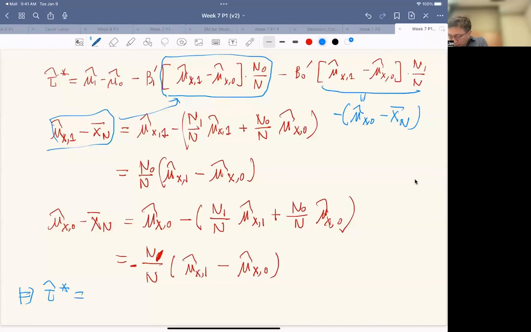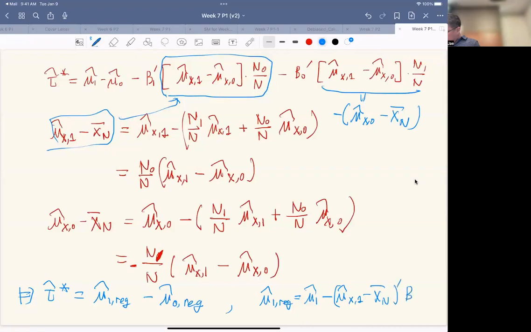tau is mu hat one regression estimator minus mu hat zero regression estimator. The mu hat one regression estimator is mu hat one minus mu hat x1 minus x bar prime p1, right?